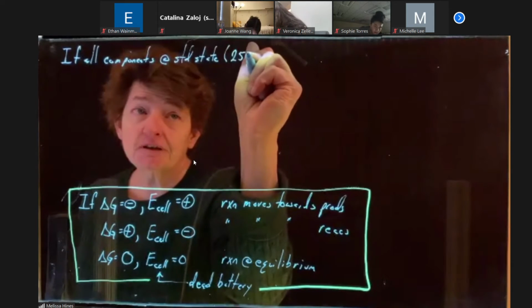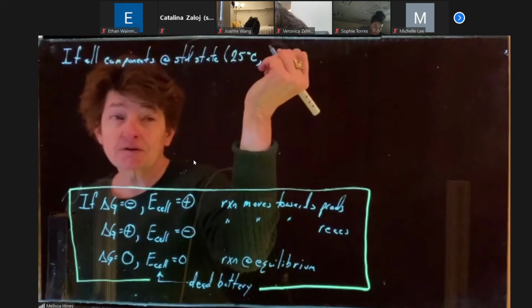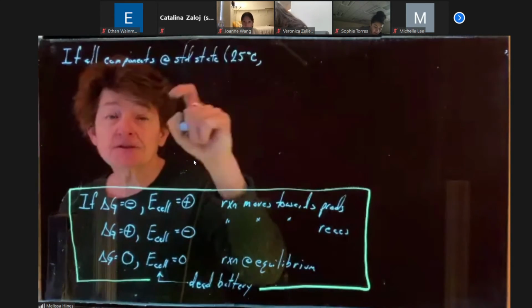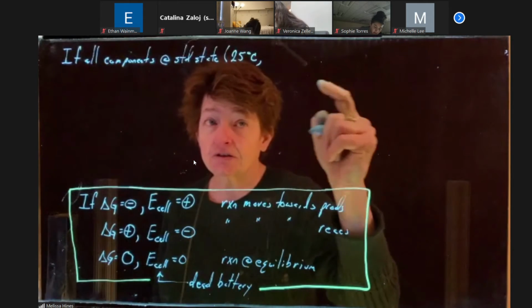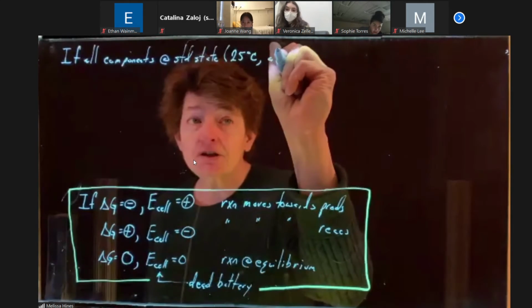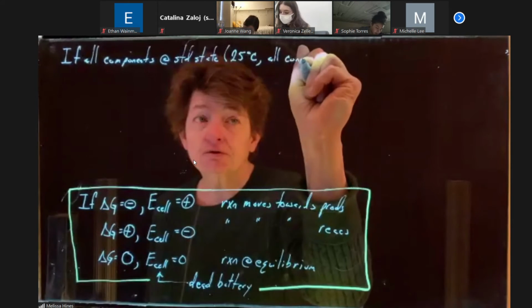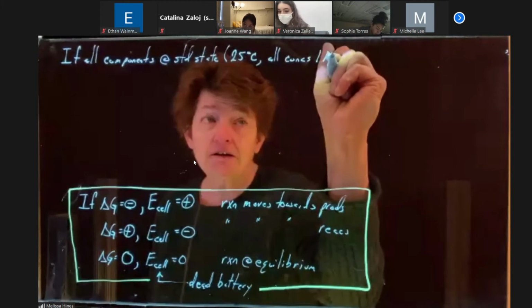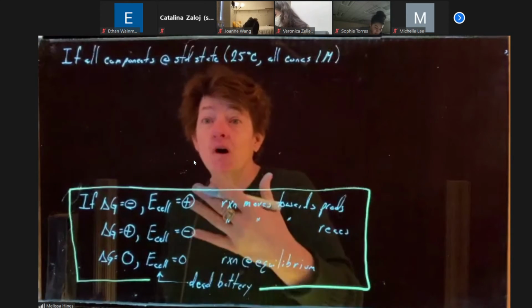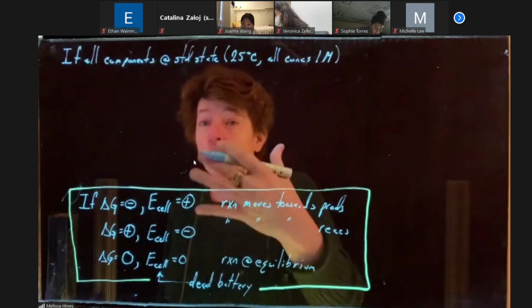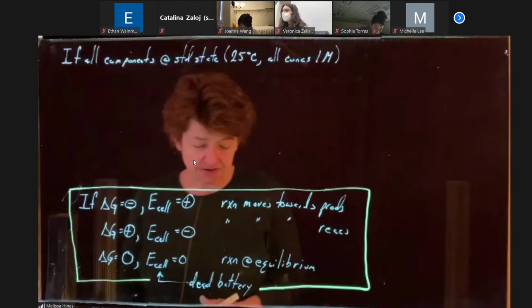First, we're at 25 degrees C, of course, but standard state also talks about concentration. So all of our concentrations are equal to 1 molar. That's why I started out with 1 molar copper ions and 1 molar zinc ions. We were at standard state.